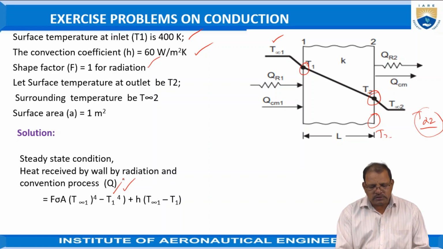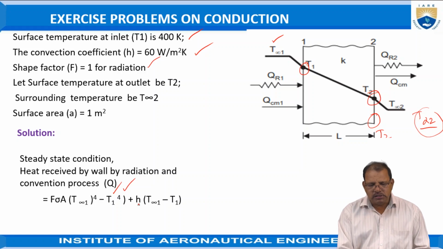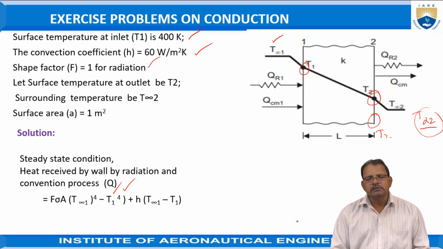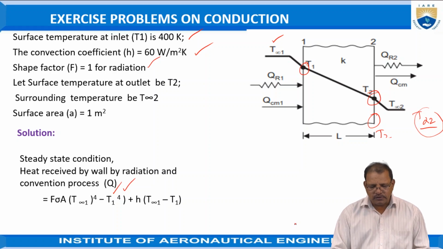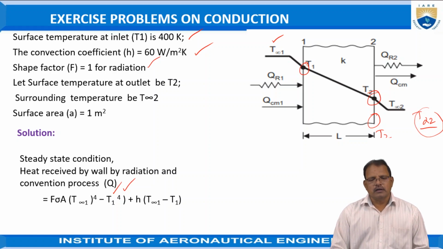According to the problem, this value is 400 Kelvin, plus H for the convection process. H is the coefficient of convective heat transfer, which is given here as 50. T alpha 1 is the temperature of the hot fluid, and T1 is the temperature of the inner surface of the wall.